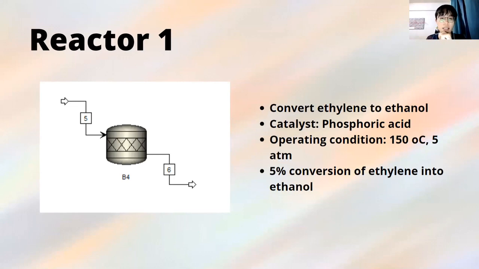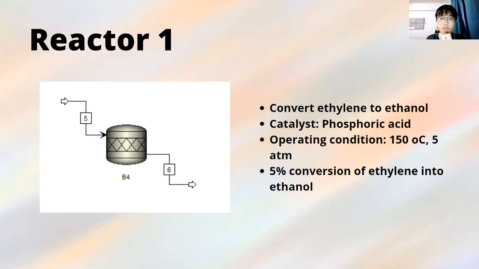Now let us look at the first reactor. Reactor 1 is used to yield ethanol from ethylene hydration with the presence of phosphoric acid as catalyst. The unit functions at 5 atm and a temperature of 150 degrees Celsius.